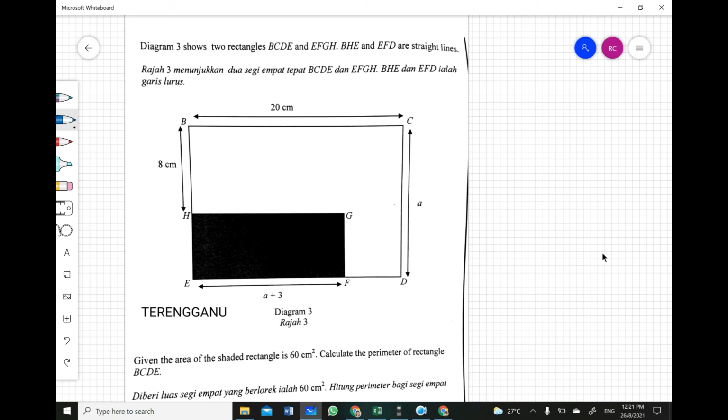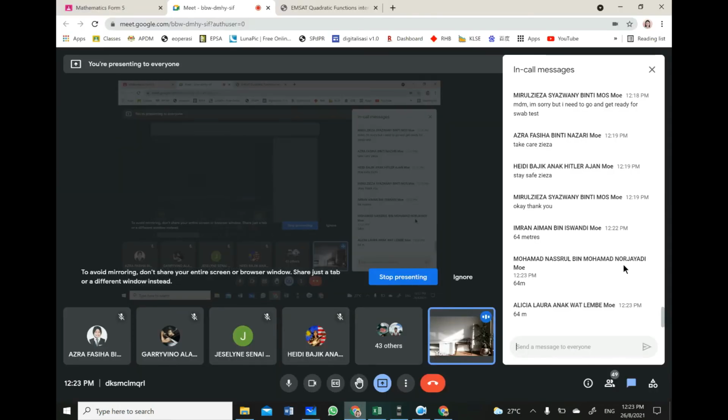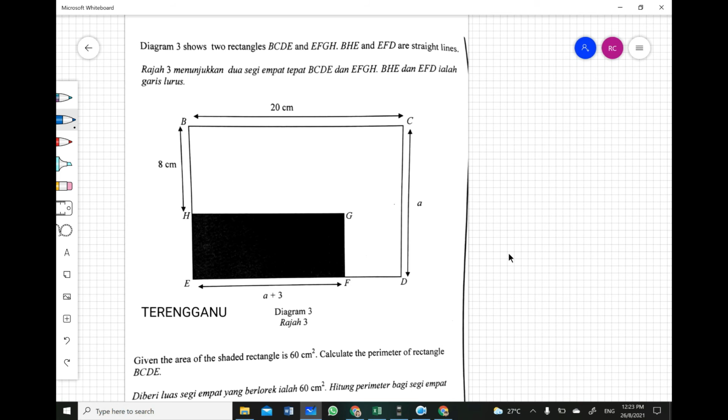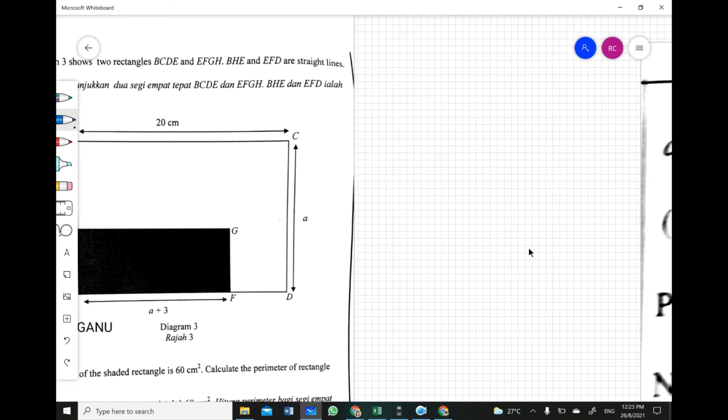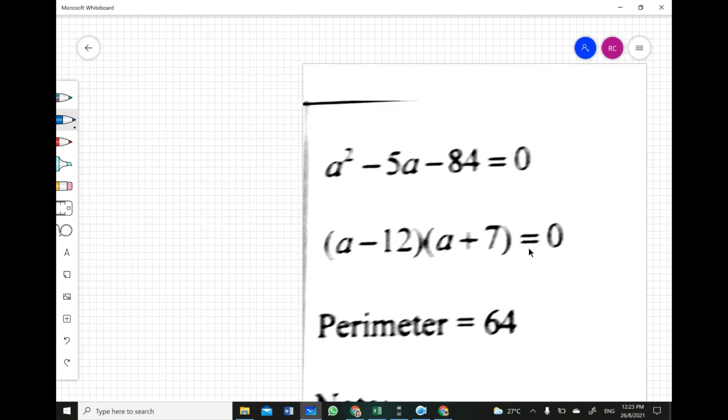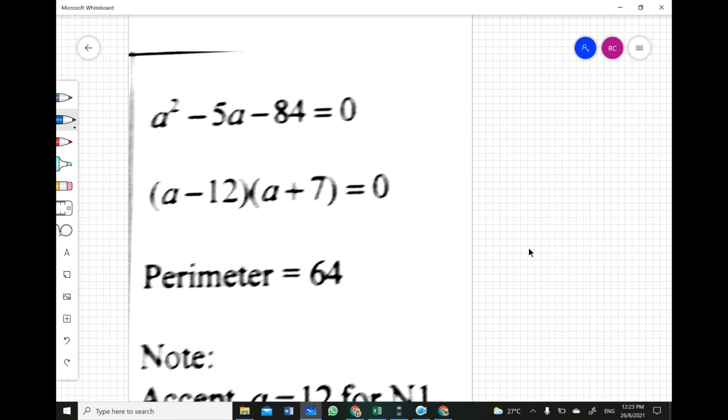Okay, try to find out now. Should be able to get the answer already, right? Yes, you got it right. Most of you already got it. So first you need to find the value of A. After factorization, you'll get A is equal to 12 and A is equal to -7.